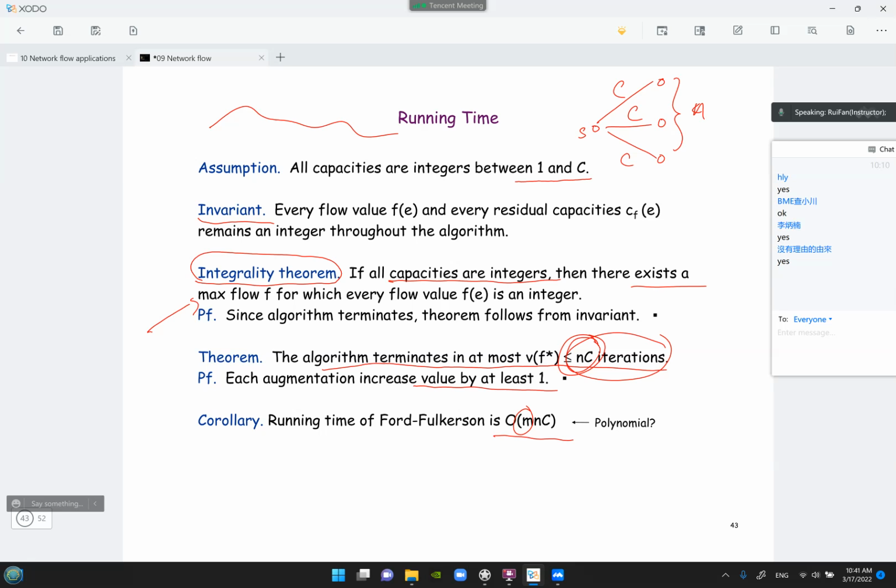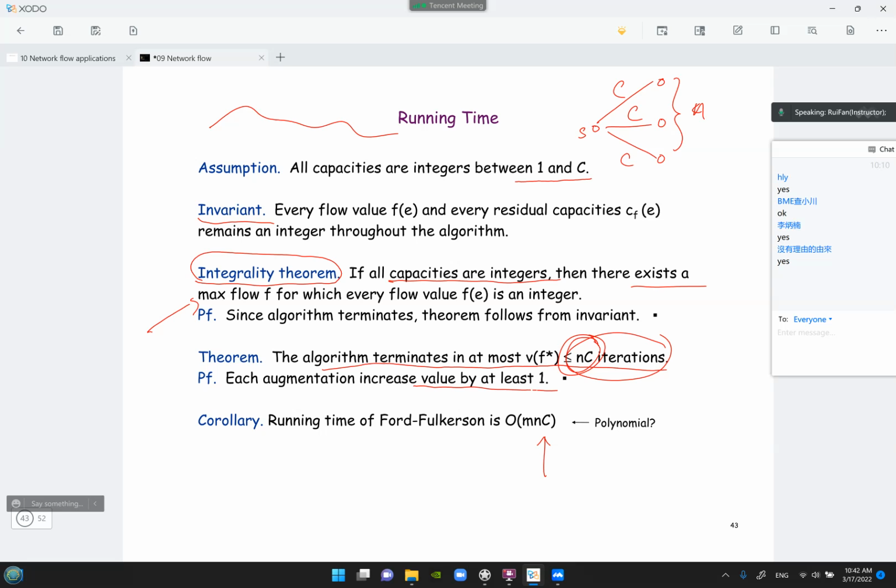Okay, so we have some sort of upper bound on the running time. The problem is that this upper bound can be quite large if c is large. For example, suppose that c is a 32-bit number. It can go all the way up to like 4 billion. That means the running time of Ford-Fulkerson is m times n times like 4 billion.